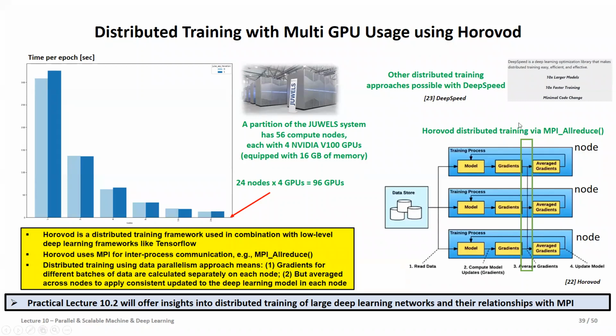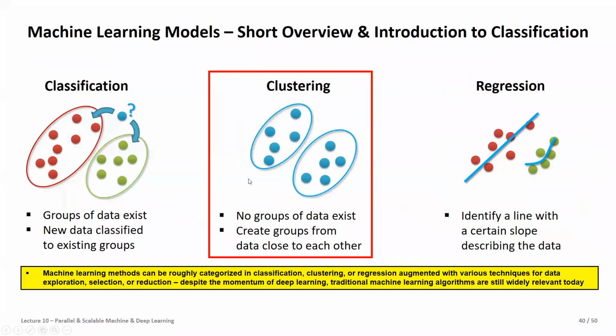Interesting for us in the HPC course is really essentially that this is based partly on Horovod, which uses MPI allreduce, but there are also newer distributed training frameworks like DeepSpeed, which Rocco will also talk about.